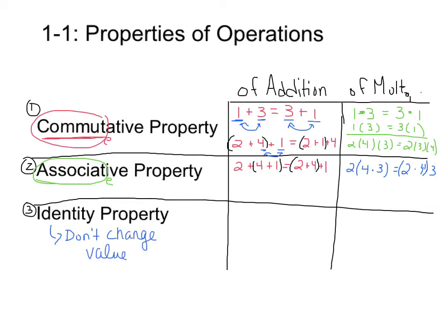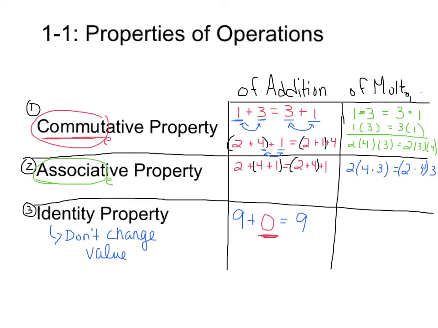So the identity property of addition: if I begin with the number 9, what would I have to add to 9 to equal 9 again? Well, I would have to add 0. So the identity property of addition basically says that 0 plus any other number will give you that number itself. So 9 plus 0 would equal 9.